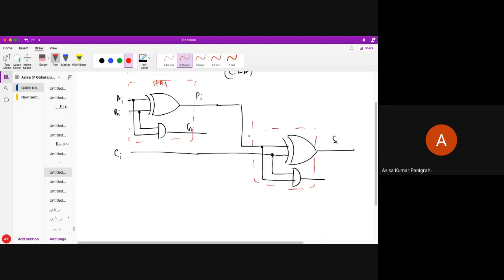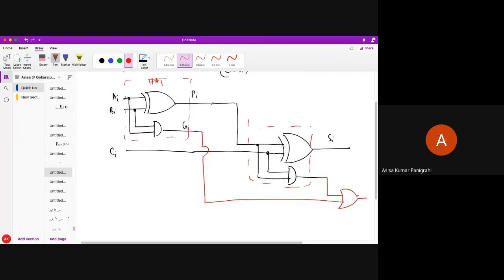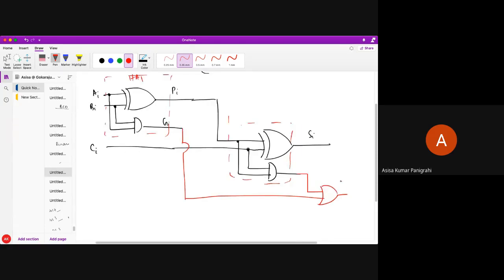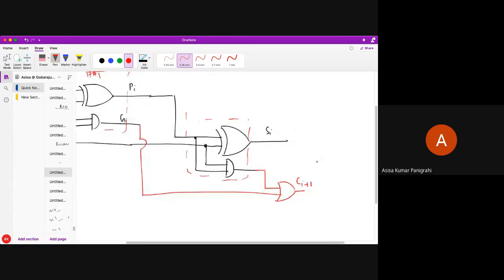And how to get the carry? Carry will be from here and here, which goes to your OR gate, which gives me Ci+1. Can I say this is my Gi and this is my Pi and this is my Ci?